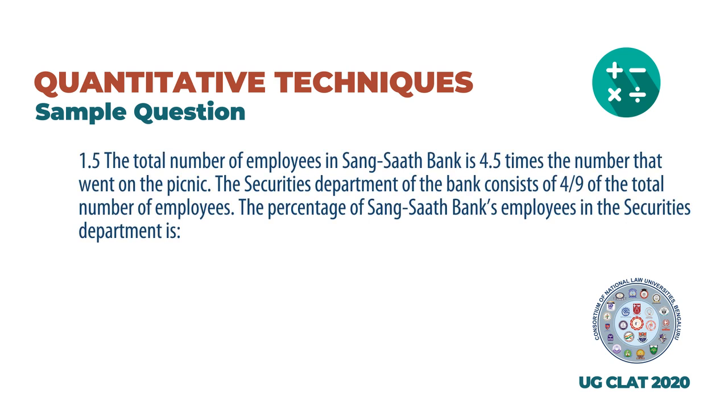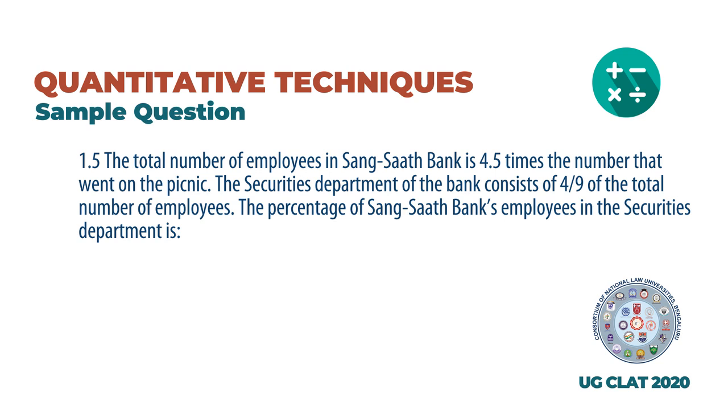The total number of employees in Sangsat Bank is 4.5 times the number that went on the picnic. The securities department of the bank consists of 4/9 of the total number of employees.